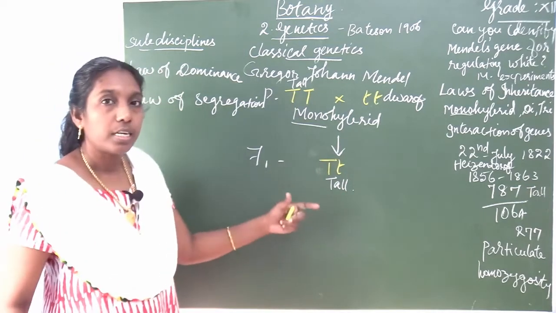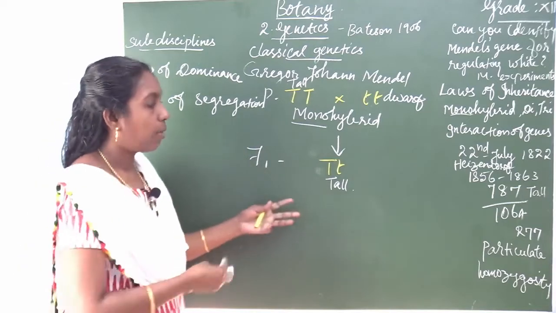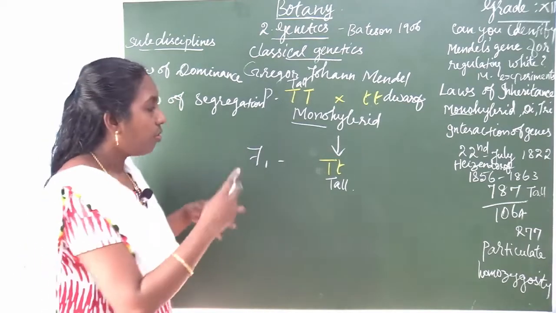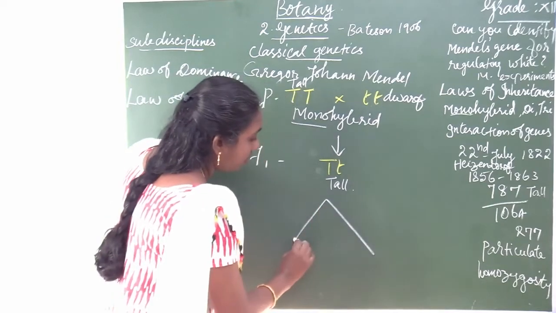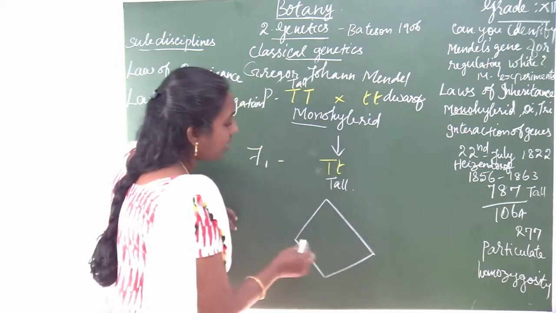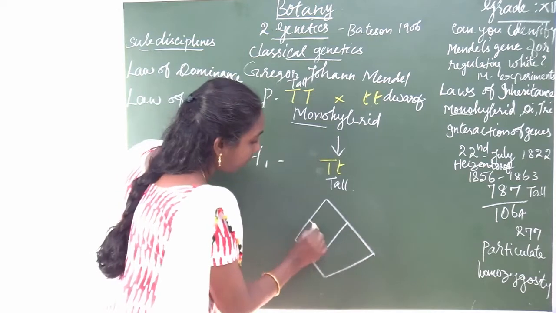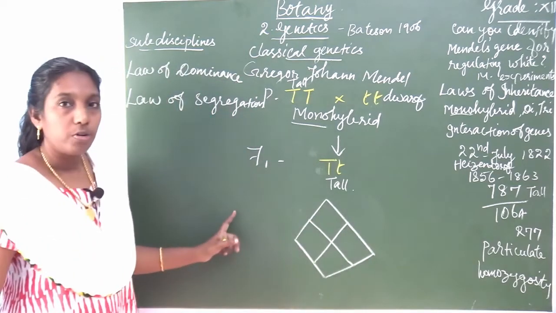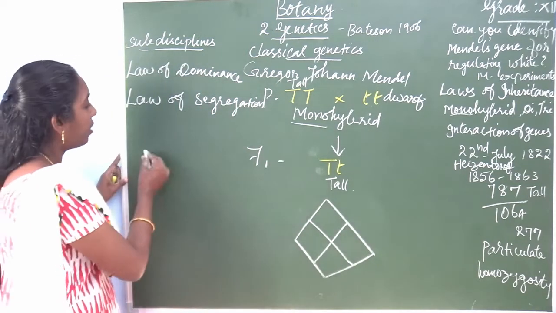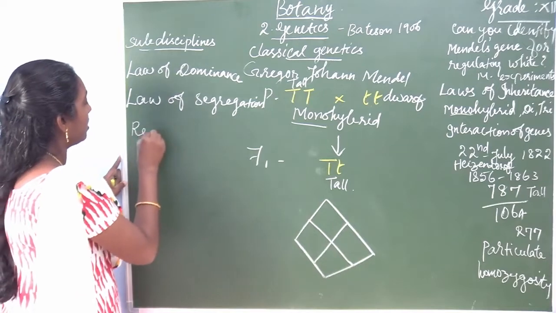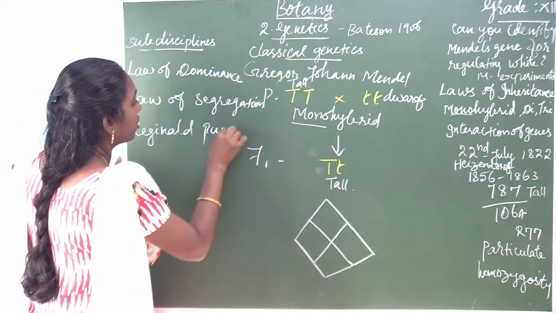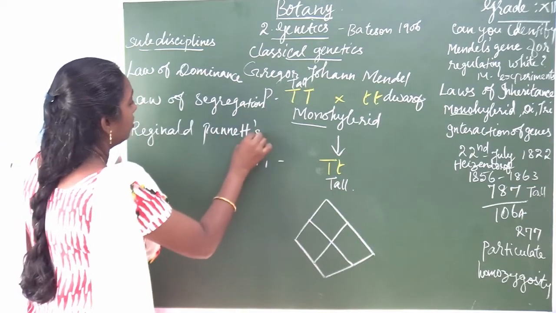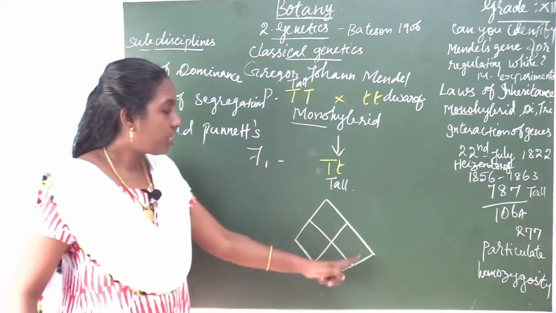When you illustrate this gametic formation, to understand it very clearly, it can be drawn or represented in the form of a Punnett square. The Punnett square was explained by Reginald Punnett. So, this is a Punnett square.